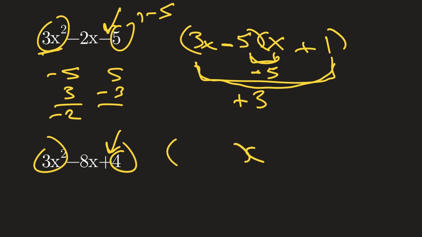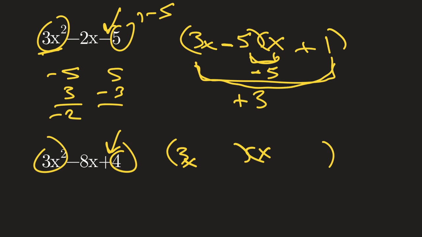2 sets of parentheses. Hopefully you're starting to see the routine a little bit here. First term, last sign. How are we going to get 3x squared? Three x, 1x. Front end's easy. Now, 4. How many ways can you multiply and get 4?